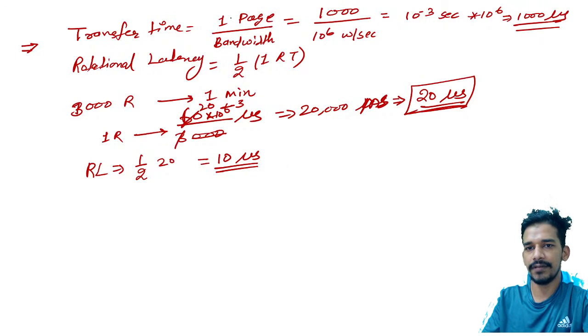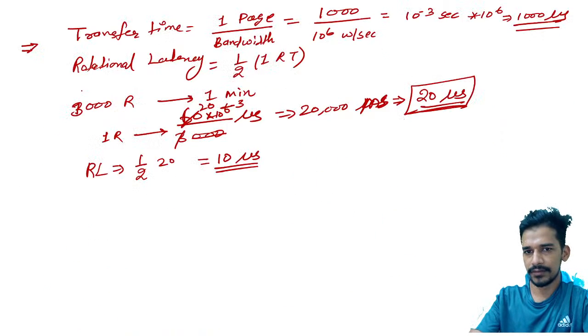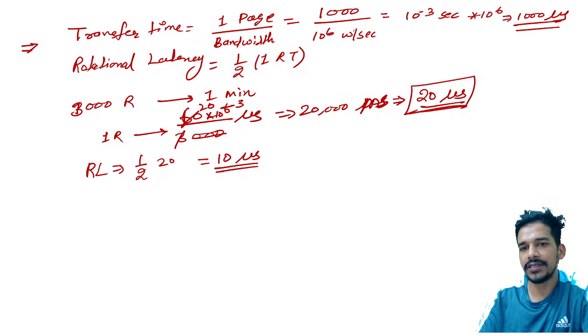So this will be one page, 10 to the power 6 words per second. Okay, it is given. Transfer rate is 1 million words per second, 10 to the power 6 words per second. So one page is equal to 1000 words.